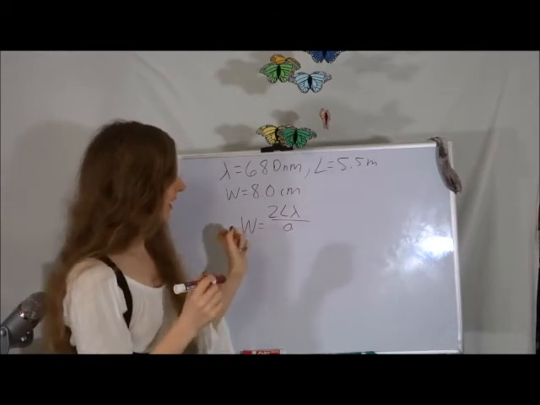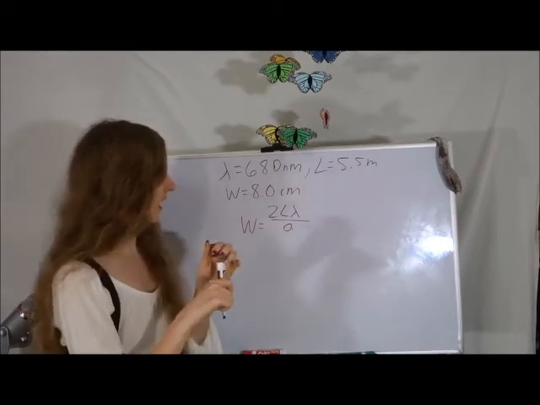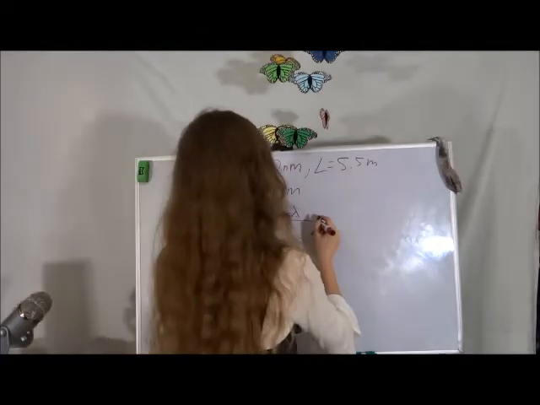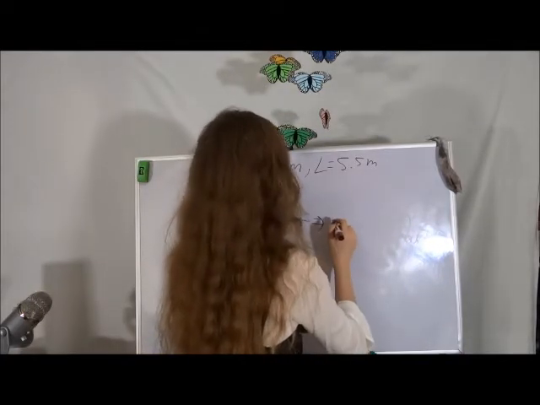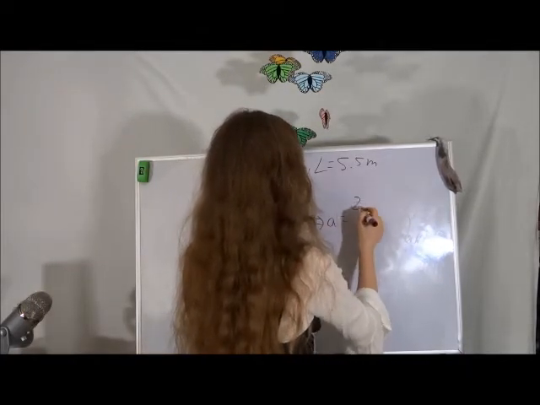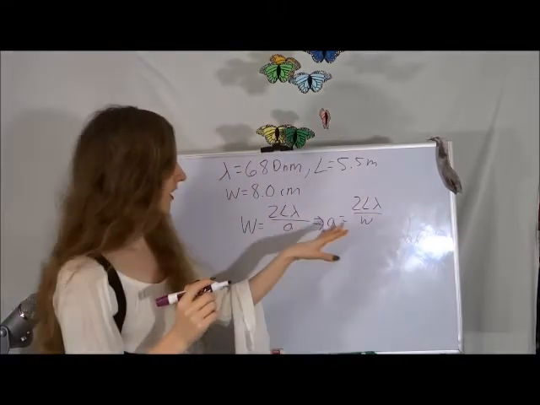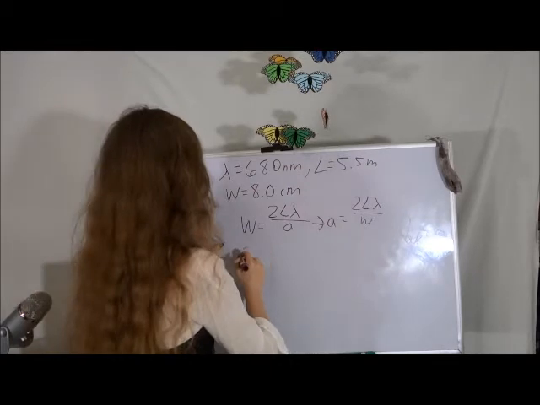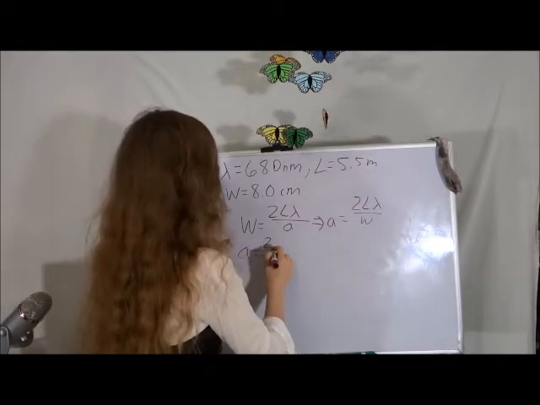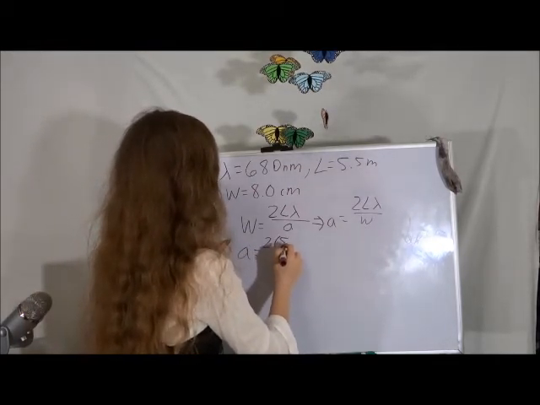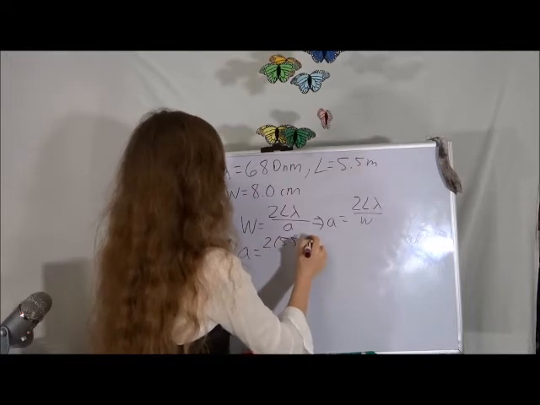We're trying to solve for A, so we're going to multiply both sides by A and divide by W. And so we're going to get that A is equal to 2 lambda L over W. Now from here, it's just a matter of plugging in our values. So A is equal to 2 times 5.5 meters.